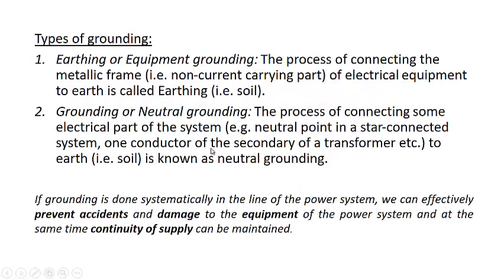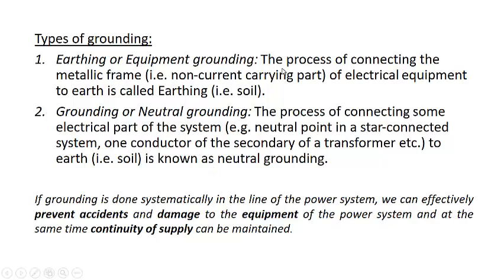Now we have broadly classified this grounding into two types. One is earthing and another is grounding. In a broader aspect they are generally defined to be the same, but for the sake of your understanding I have separated them into two types. One is earthing or equipment grounding.